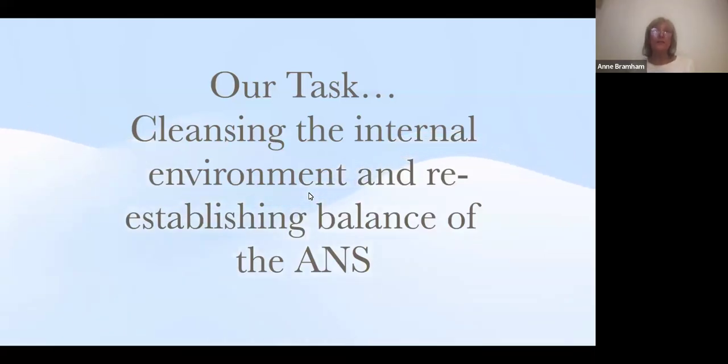So, as a manual lymph drainage therapist, looking at the body from a holistic perspective, and Vodder always considered the body from a holistic perspective, I see my task as maintaining as much as possible the equilibrium of that internal fluid, which we refer to as our internal ocean.